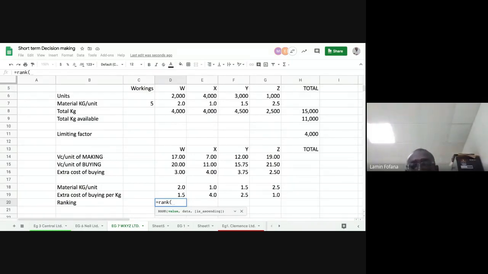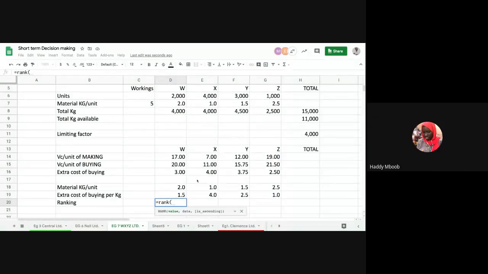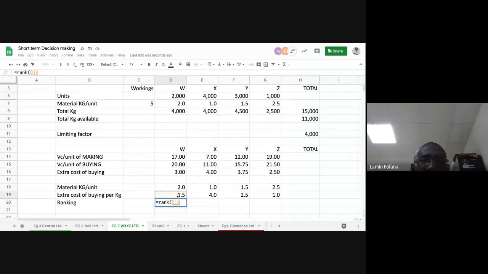Okay, so let's proceed. Sorry about that, I got a call. So we say equals rank. So which cell do we click? Can you tell me the cell reference? D19. We have a comma.